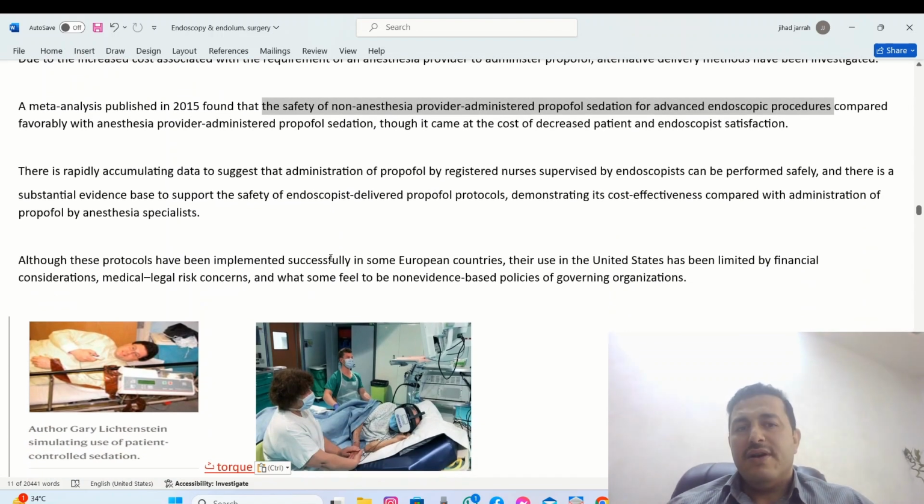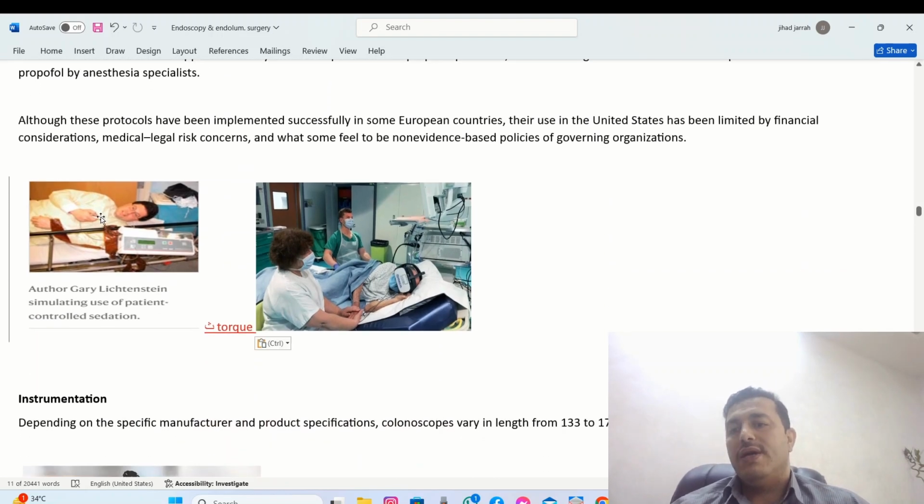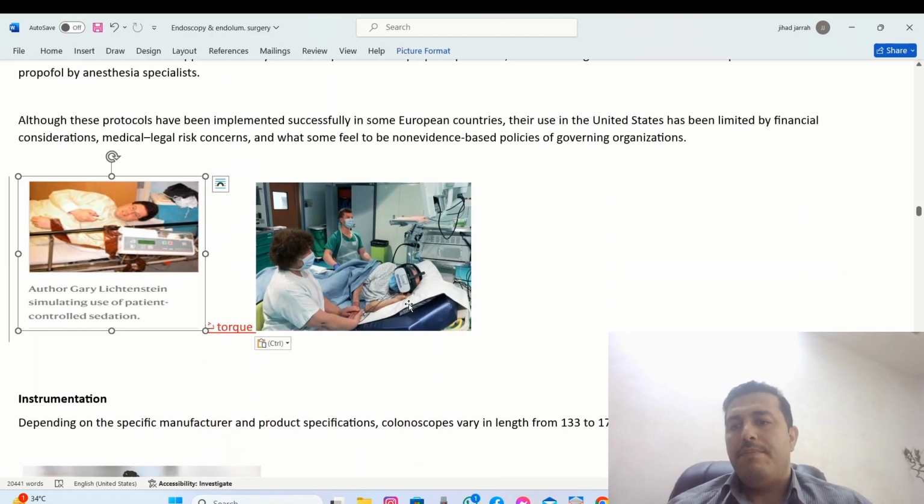Okay, there are some alternatives or adjuncts for the sedation. You can see here we have patient controlled sedation, in which he is holding an instrument and presses when he feels pain, and a pre-programmed instrument delivers painkiller for the patient.